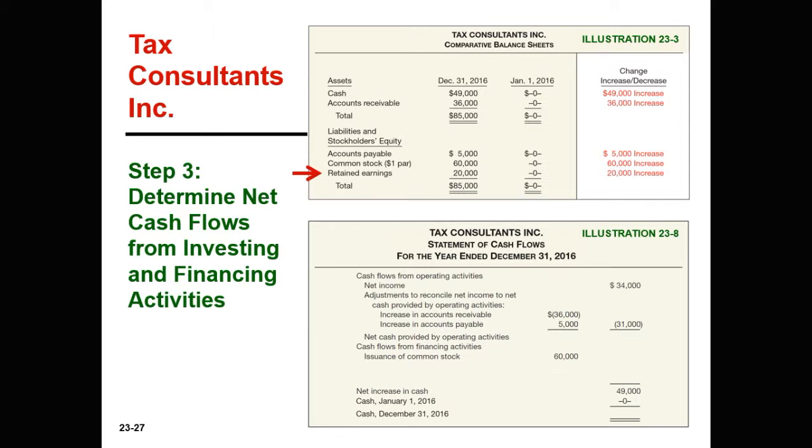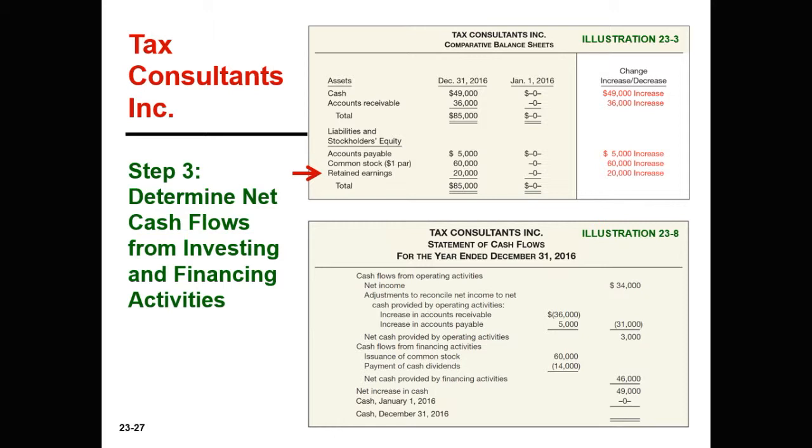We have retained earnings of $20,000. But that retained earnings actually ties back to net income, right? Net income adjusted to cash provided net cash from operating activities of $3,000. We had the issuance of common stock in the form of $60,000 cash inflows and a payment of cash dividends of $14,000.